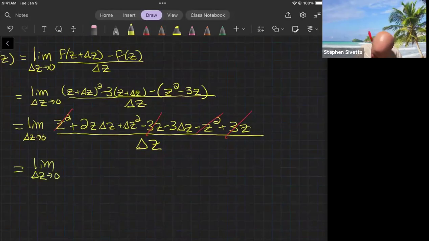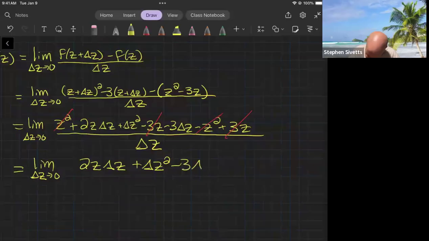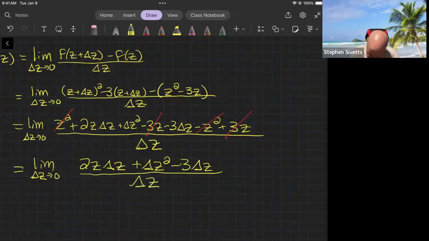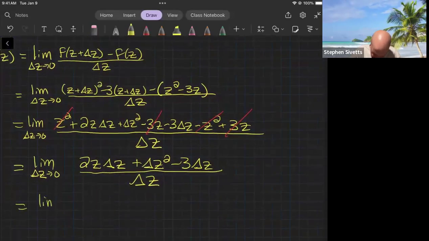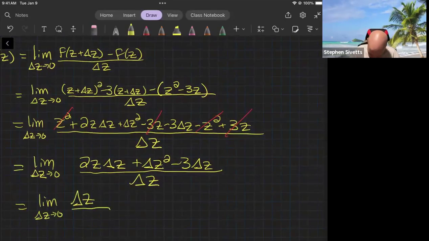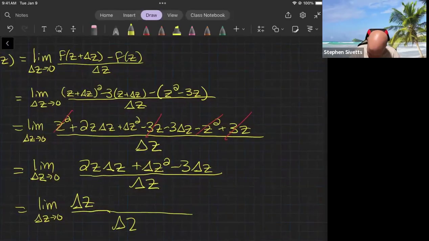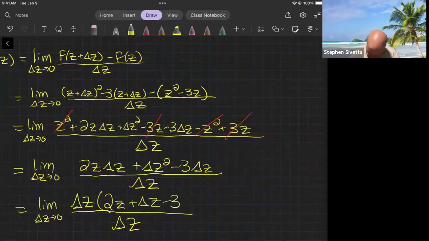And we will have this expression: the limit as delta z goes to 0 of 2z delta z plus delta z squared minus 3 times delta z, divided by delta z. Each term in the numerator has a delta z in it, so we can factor out a delta z, leaving delta z over delta z times 2z plus delta z minus 3.